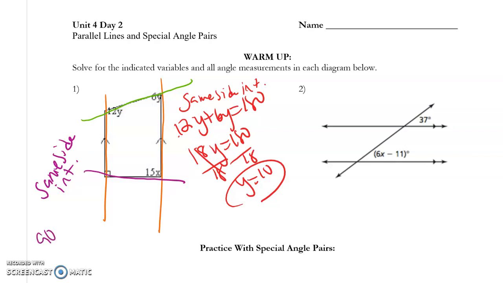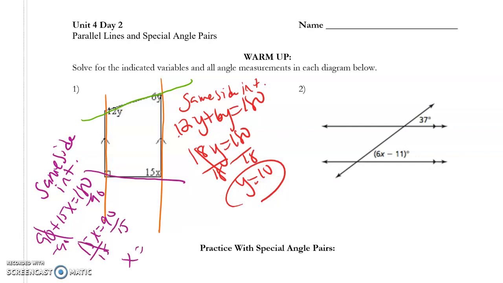So I'm going to put 90 plus 15x equals 180. Subtract 90, subtract 90. So 15x is 90. Divide by 15. And we'll find that x is 6.